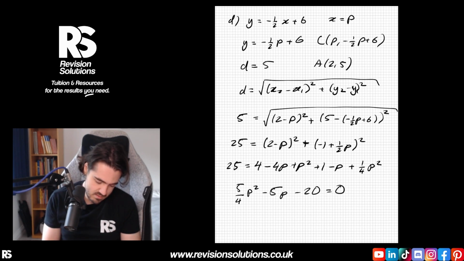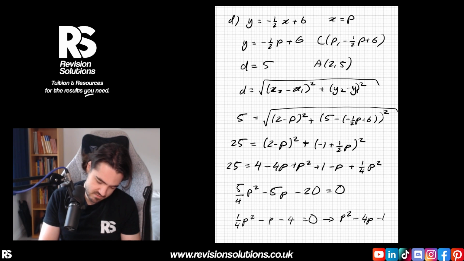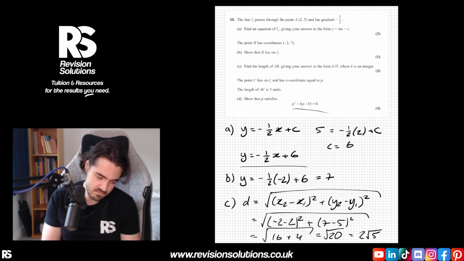And then we can simplify this down. We can first divide everything by 5. So we'd have a quarter p squared minus p minus 4 would equal 0. And then to finish off, we can multiply everything by 4. So that would leave us with p squared minus 4p minus 16 would equal 0, which was the final result that they asked for.